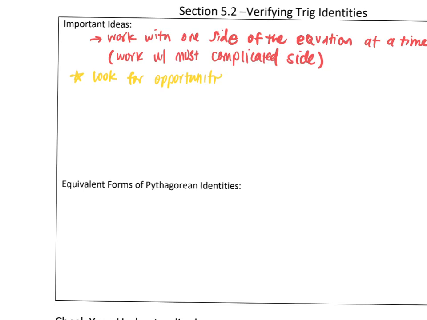And these might be out of order, but we're going to look for opportunities to factor, add or subtract fractions, you can square a binomial, which we haven't done yet.